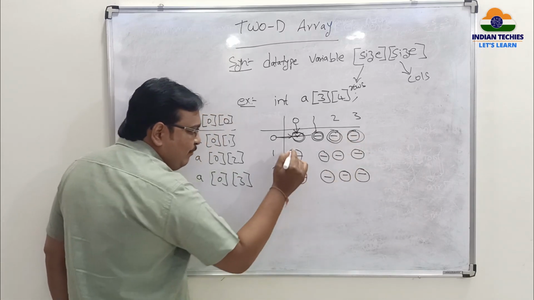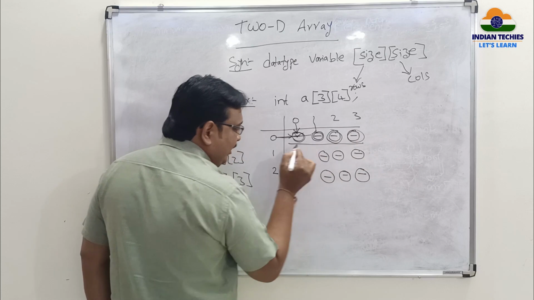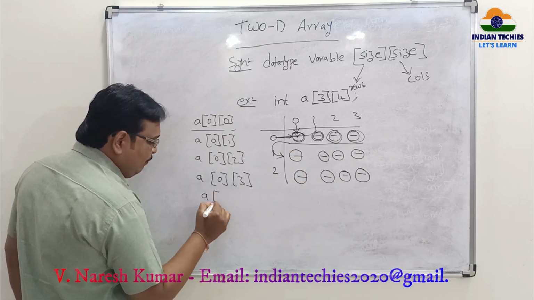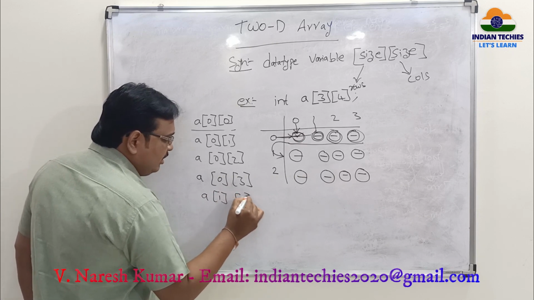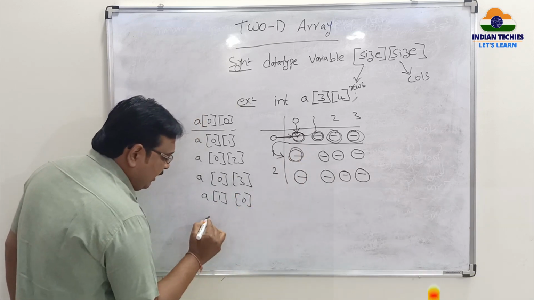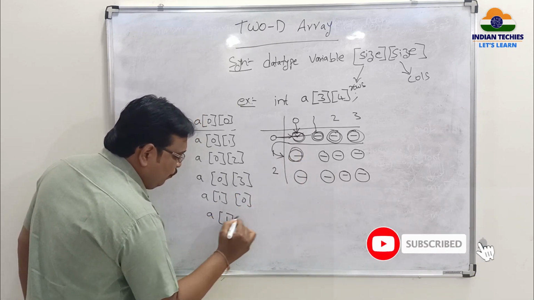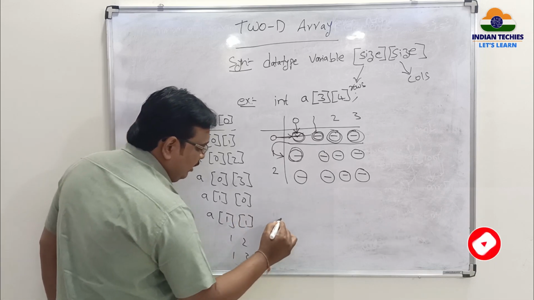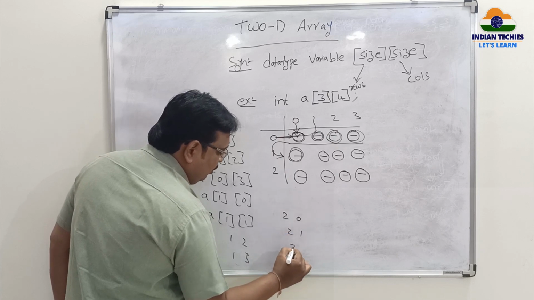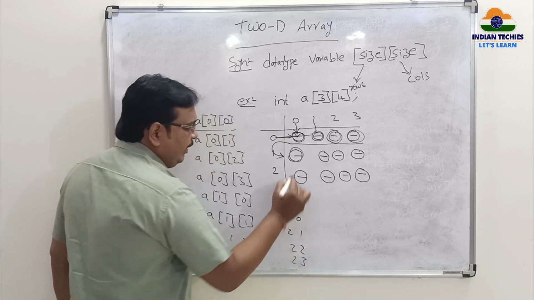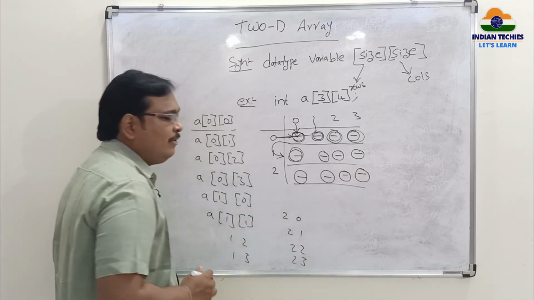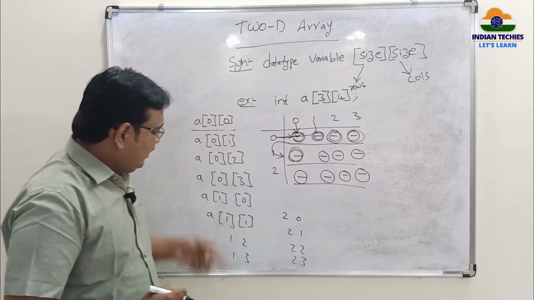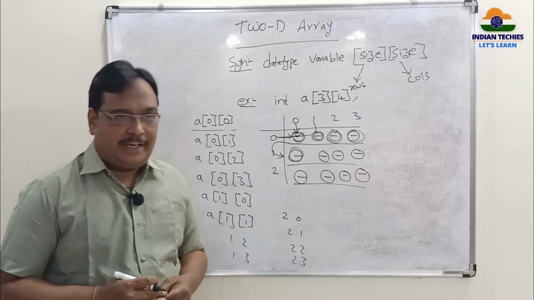When one total row is completed, we go to the next row and access A of 1, 0; A of 1, 1; next 1, 2 and 1, 3; next 2, 0, 2, 1, 2, 2, 2, 3. So like this we access row wise. These are the names of the variables.